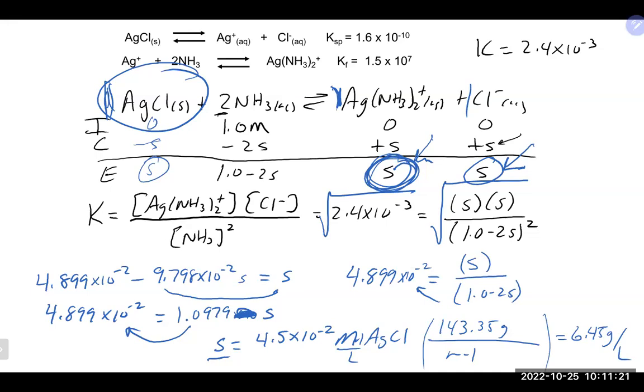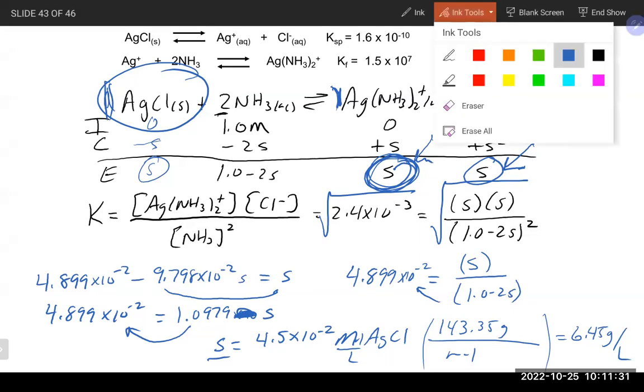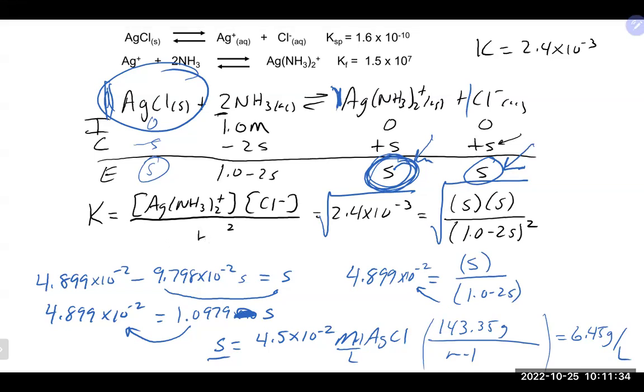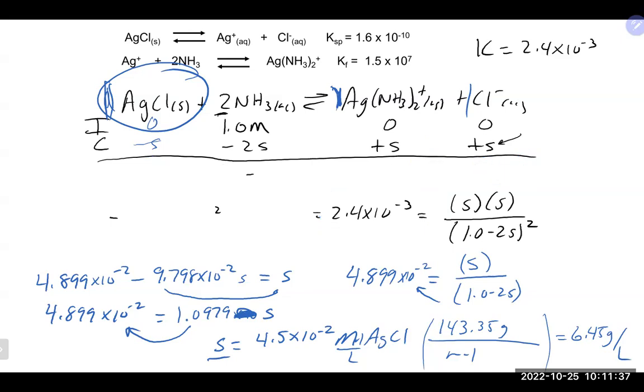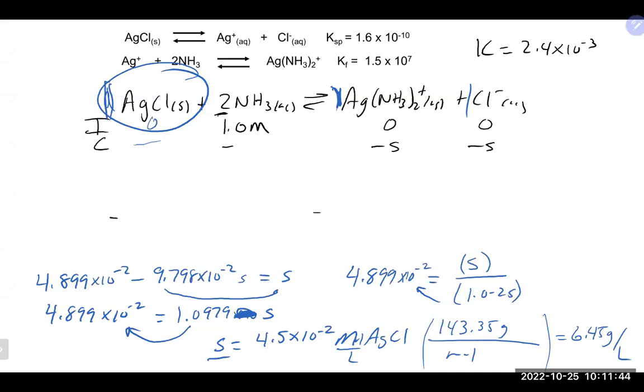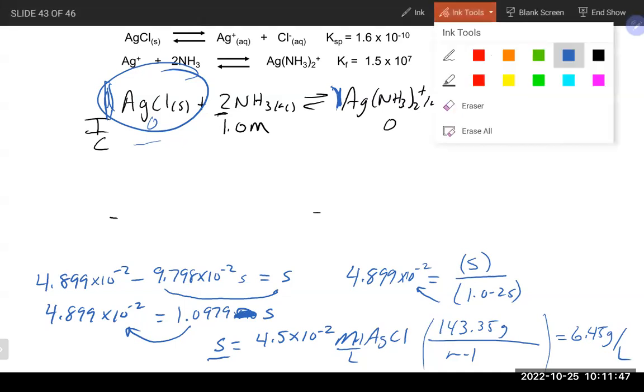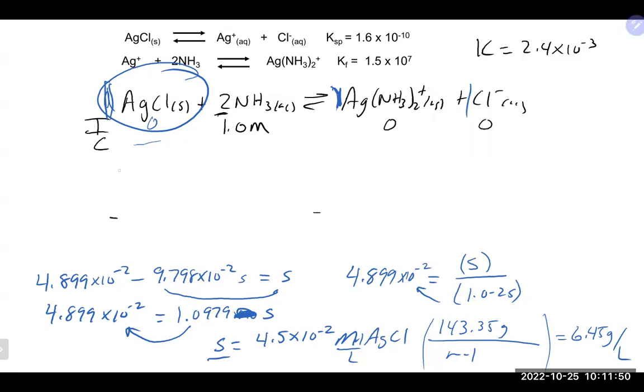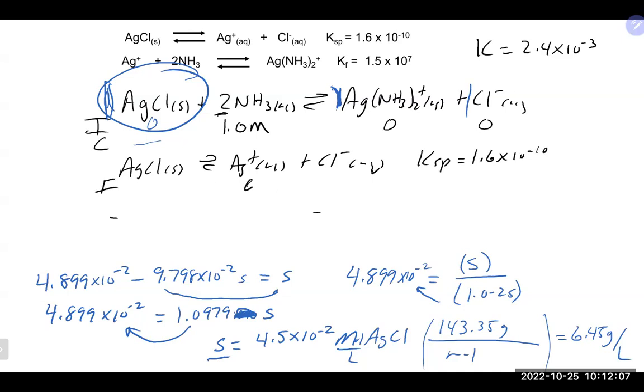Now, any other questions on that? For reference, if we took just the one that we did earlier in this chapter, silver chloride and water, this would give us, as we did earlier, 0, 0.